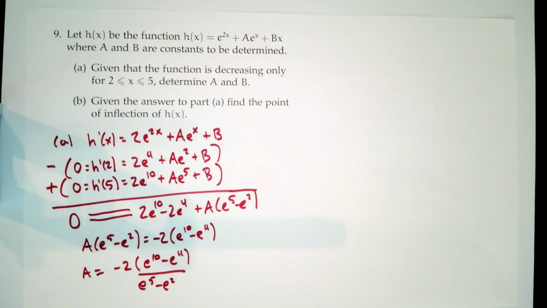Now, normally if this was a test, I'd give a hint. That was a practice test. I didn't give a hint. I claim that we can simplify just a little bit more. Think about the relationship between e to the 5th and e to the 10th. How are they related to one another?